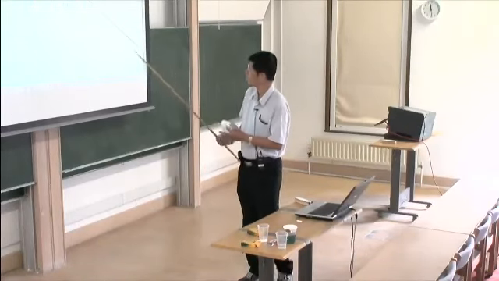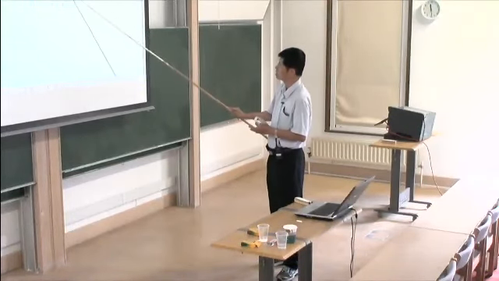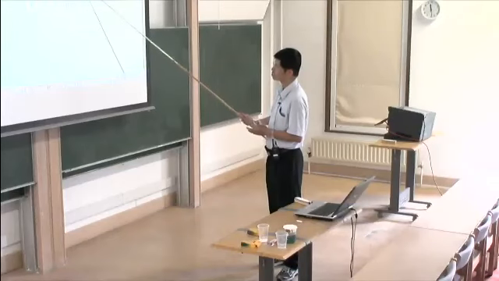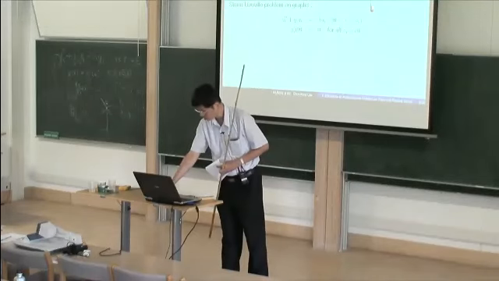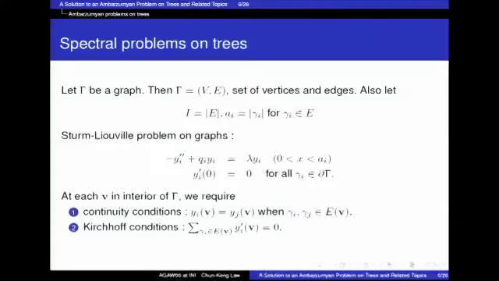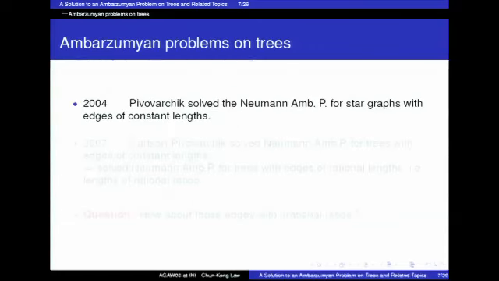And here I have the so-called local coordinates. I would like to use the local coordinates to denote the problem. It would be easier. This local coordinate is kind of arbitrary. Once we set it up, it's the same no matter how you use it. And it is coupled with continuity and Kirchhoff condition.